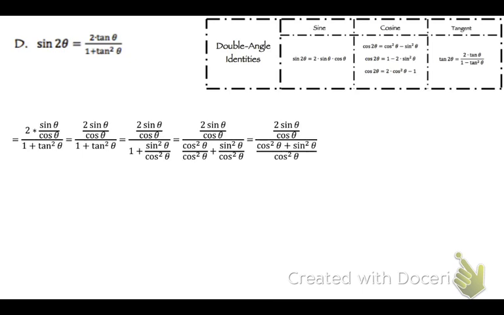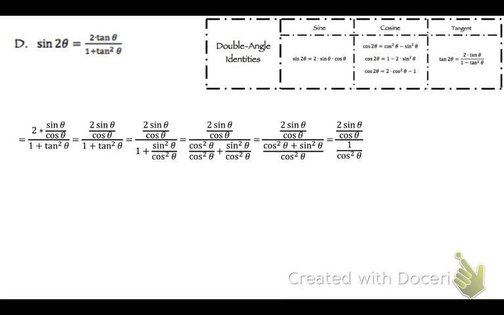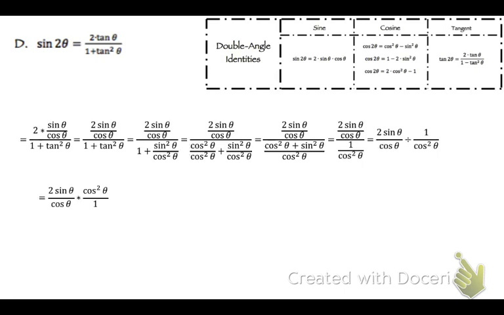So that becomes cosine squared of theta plus sine squared of theta over cosine squared of theta, which is 1. Cosine squared plus sine squared is 1. That's something you should have memorized. And then I'm just going to rewrite this as 2 sine of theta over cosine of theta divided by 1 over cosine squared of theta.